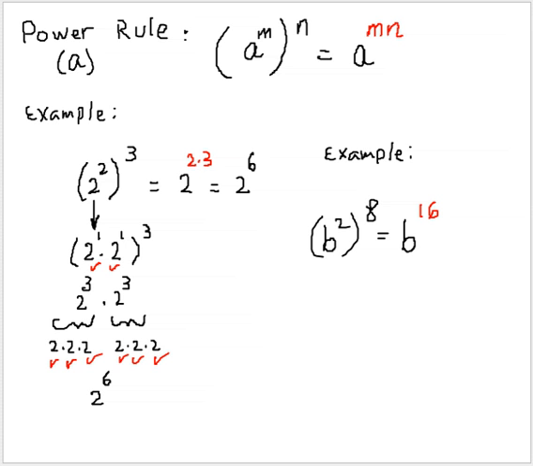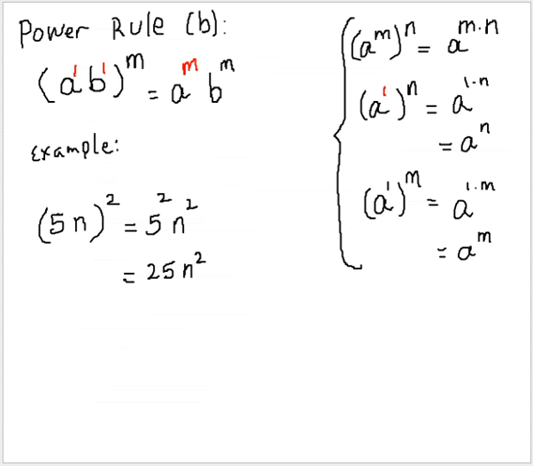We are multiplying the exponents: 2 times 3 is equal to 6. So a to the power of m to the power of n would be equal to a to the power of m times n. Mariam, could you type OK if you're okay with this concept as well?